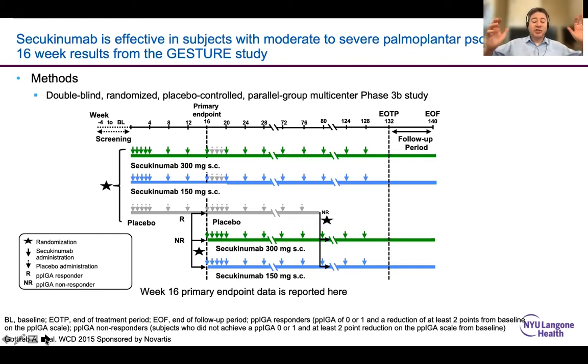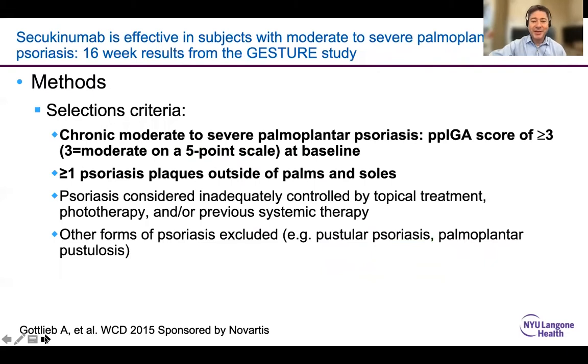So we're starting out and anchoring on the palms and soles, and they're getting either placebo, 150 or 300 milligrams in the standard loading dose sequence that we're used to. And I'm just pointing out here the difference between the Uncover study and the secukinumab study. These patients had moderate to severe palmoplantar disease and needed one plaque outside the palm or sole.